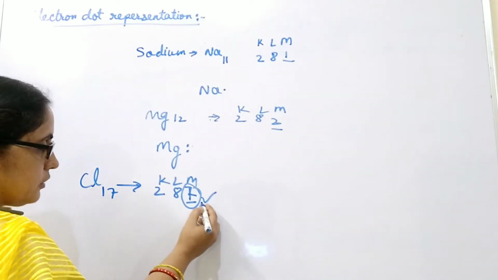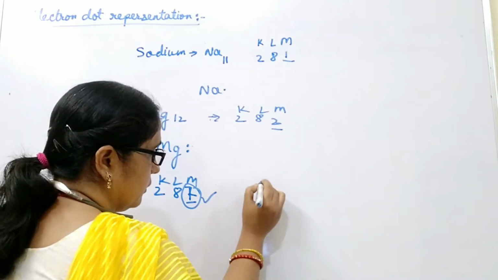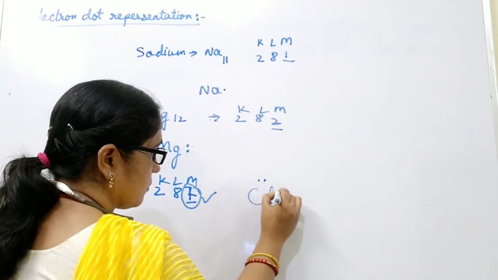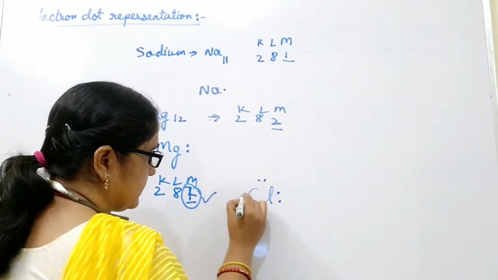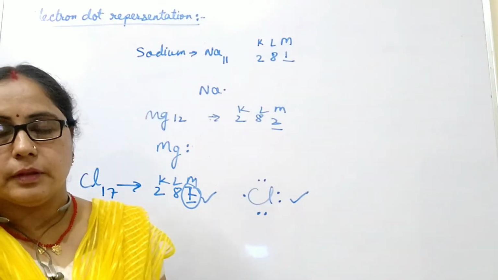So these 7 electrons we will use to represent the chlorine atom: 1, 2, 3, 4, 5, 6 and 7. This is the representation of a chlorine atom.